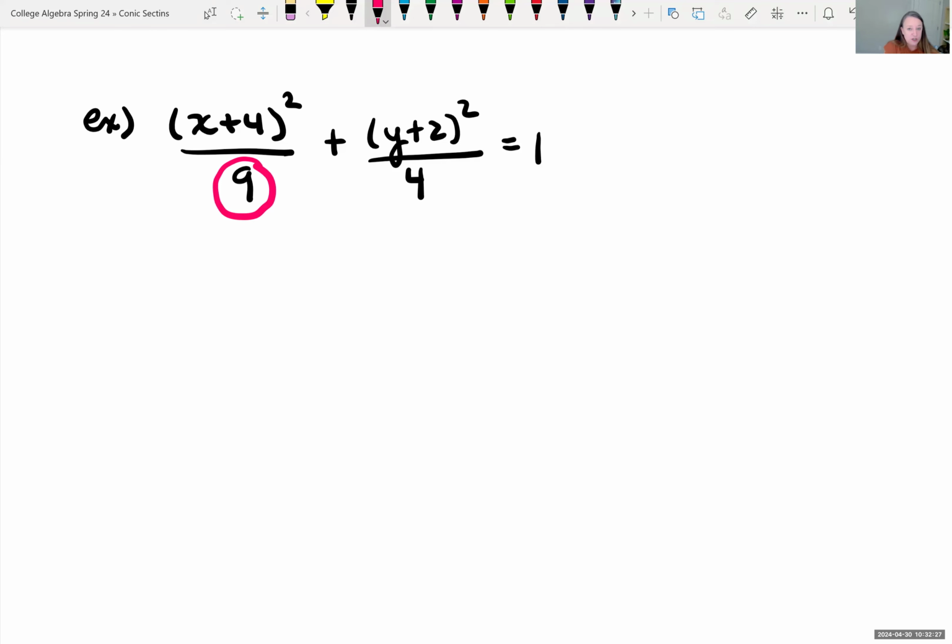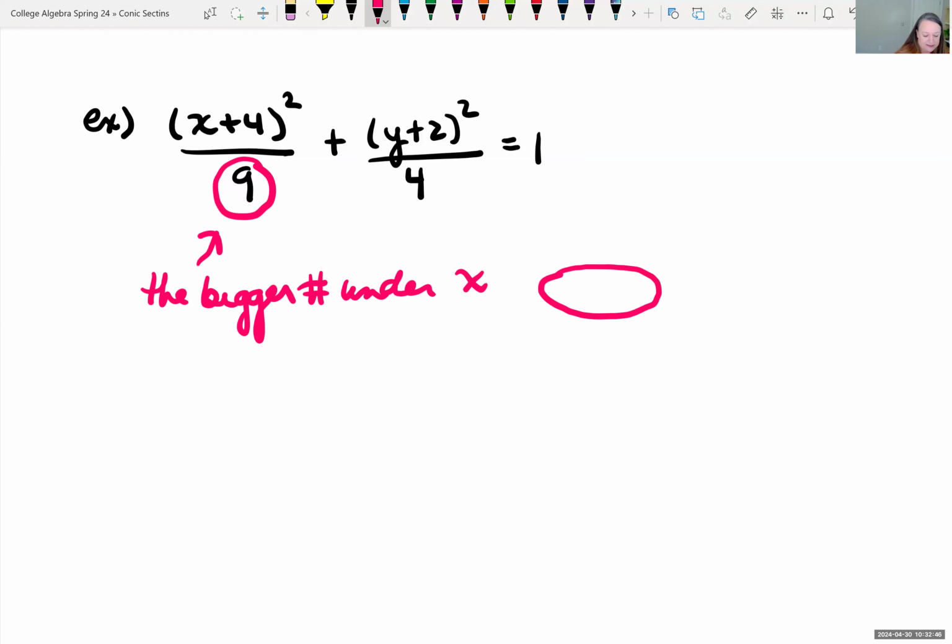So this tells me which direction this is going to be elongated. Because the bigger number is under x, it's elongated with the x-axis. So it's going to look like this shape.